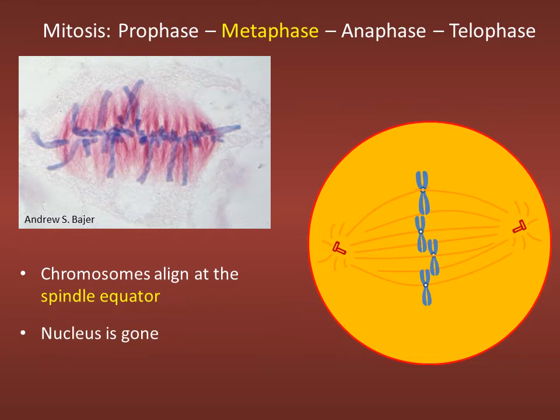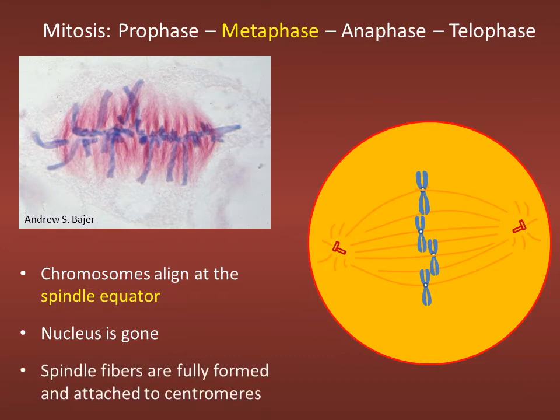The nucleus, as we can see, is gone, and the spindle fibers are fully formed and attached to the centromeres. In the actual picture here, you can see those chromosomes lined up down the middle with the spindle in pink reaching across the cell, and all those centromeres are attached right down the middle, at the spindle equator. Now they're lined up down the middle in preparation for the next phase.